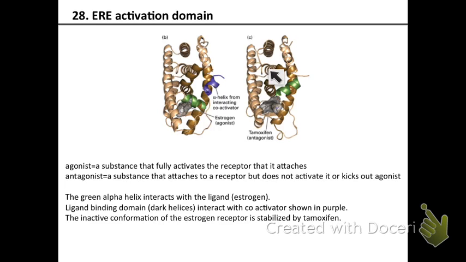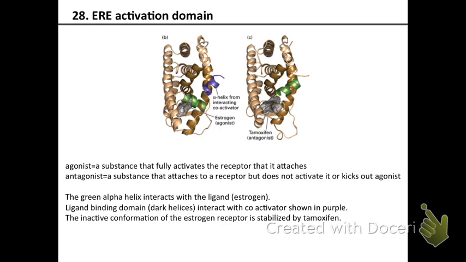Come on, one of you speak up. What are the proteins that help transcription initiation in eukaryotes? Mediator, thank you guys. Yes, Mediator could be one of the transcription coactivators.